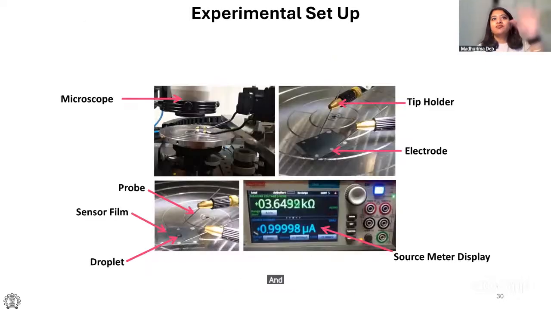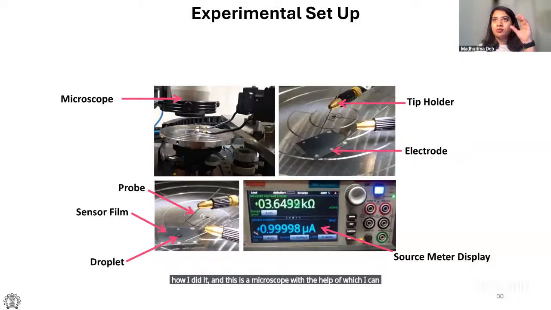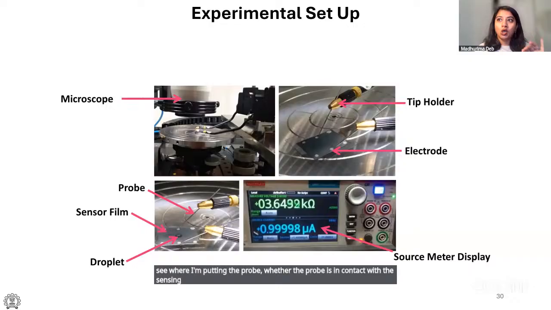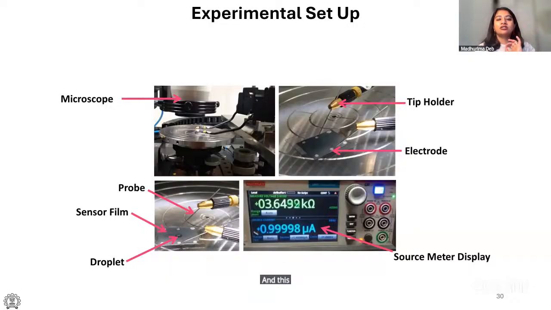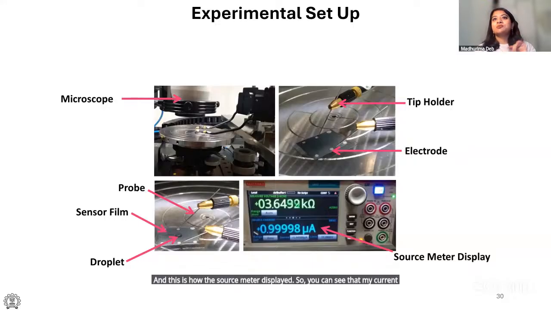And these are some images of how I did it. This is a microscope with the help of which I can see where I am putting the probe, whether the probe is in contact with the sensing material or not. And this is how the source meter displayed. You can see that my current is 0.99.